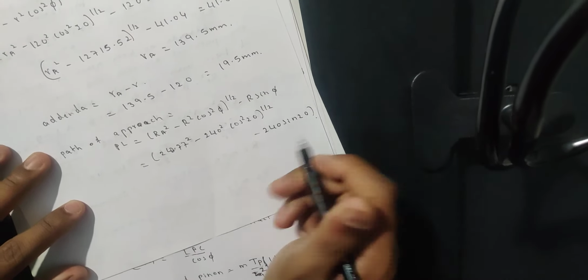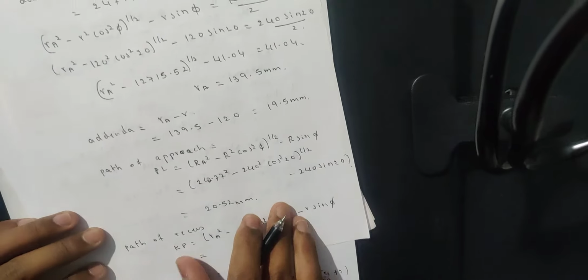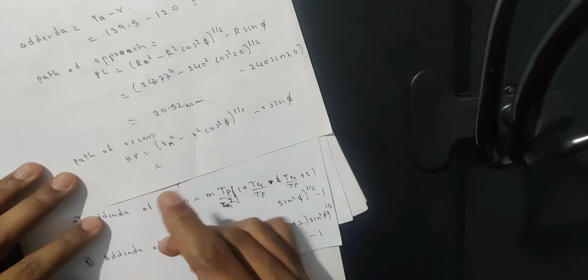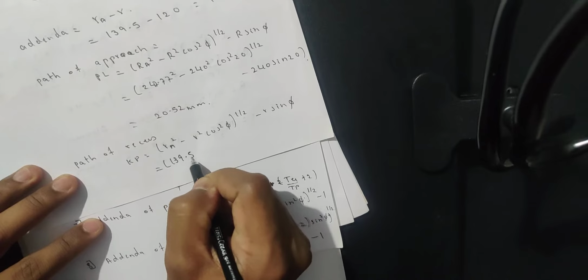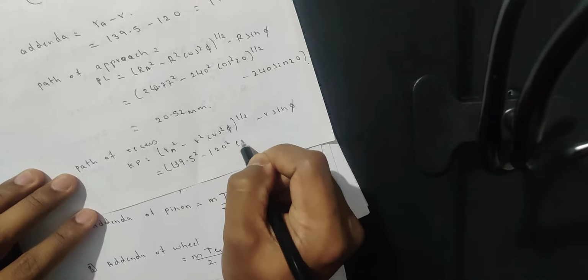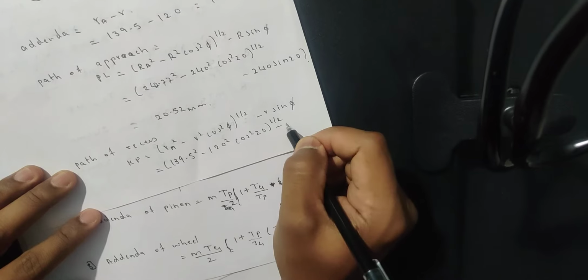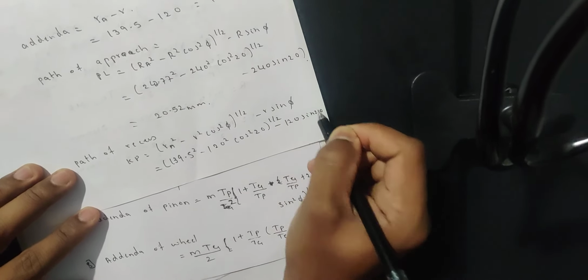So path of recess, that is KP, will be given as (RA squared minus R squared cos squared phi) raised to 1 by 2, minus R sin phi. Here RA is 139.5, so it will be (139.5 squared minus 120 squared cos squared 20) raised to 1 by 2, minus 120 sin 20.